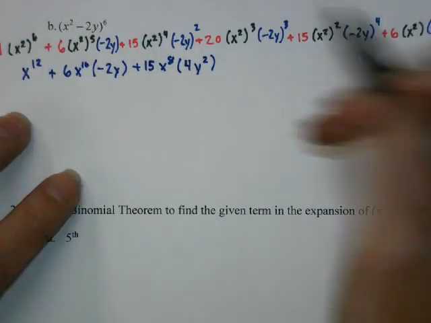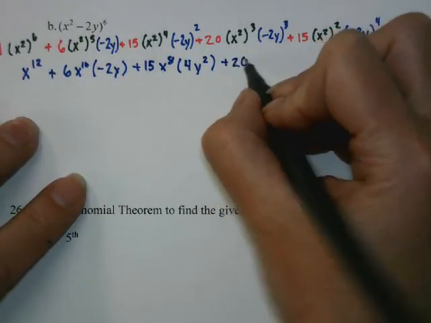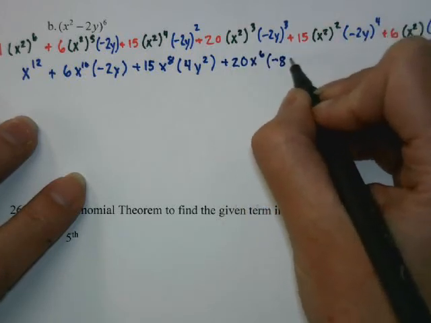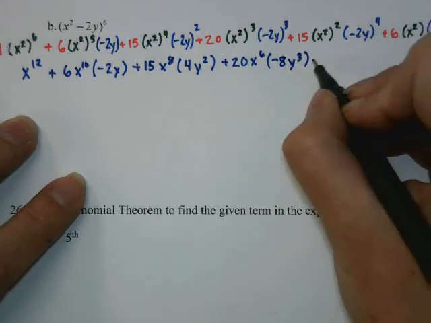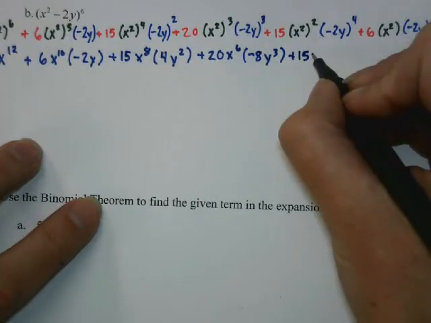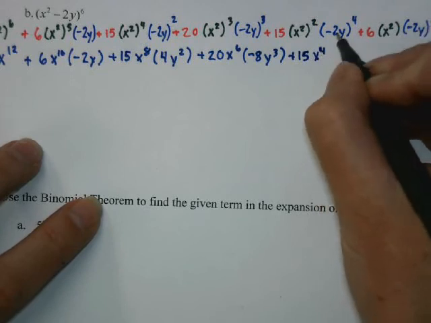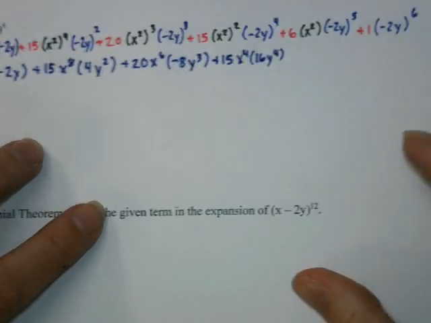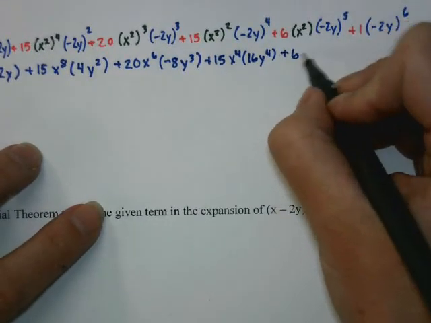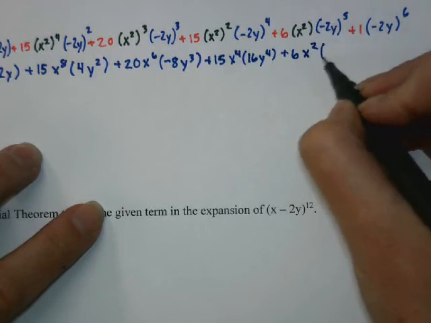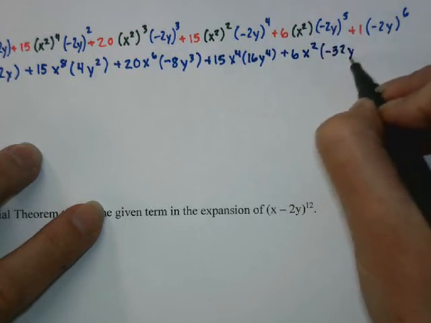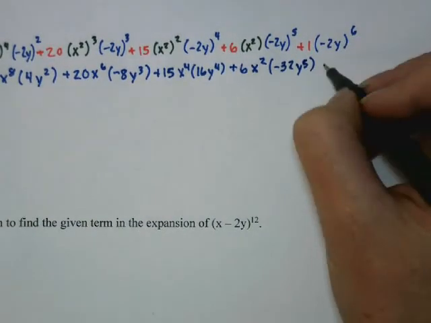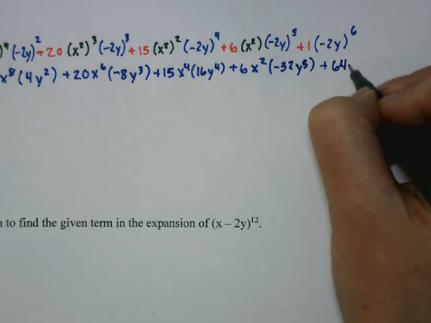Our next term here, we're going to have 20x to the 6th times a negative 8y cubed plus 15x to the 4th times 16y to the 4th plus 6x squared times negative 32y to the 5th. And then lastly, a positive 64y to the 6th.